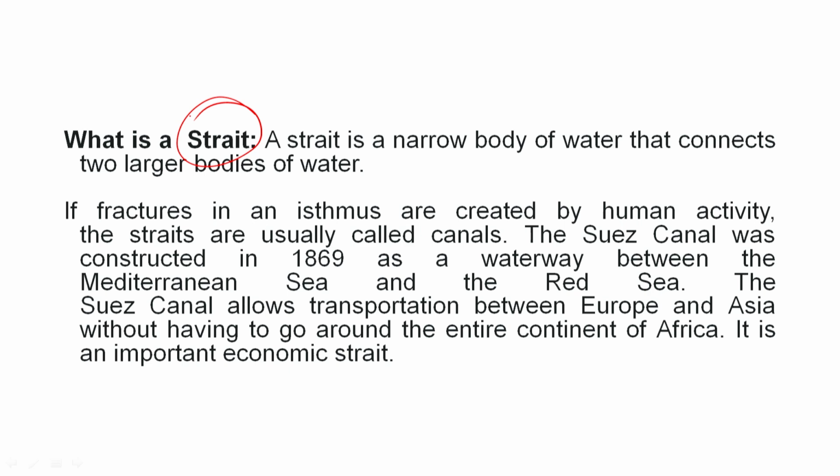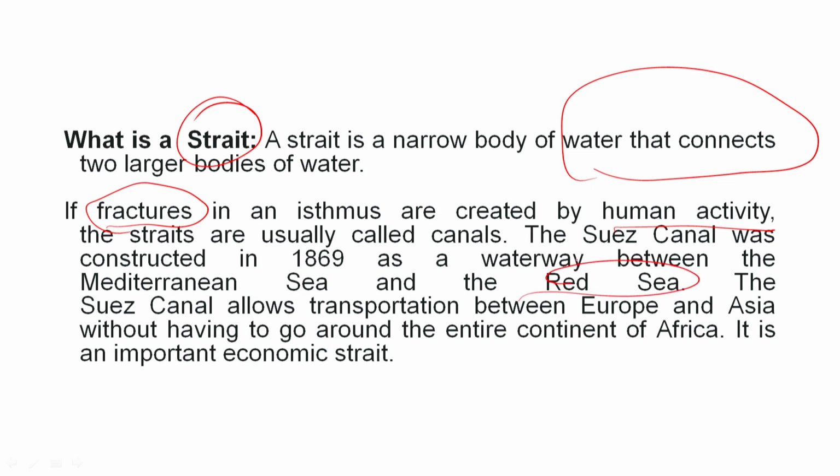So a strait is a narrow body of water that connects two larger bodies, for example the Suez Canal. Where straits are partially man-made, created by human activity, they are usually called canals. The Suez Canal was constructed in 1869 as a waterway between the Mediterranean Sea and the Red Sea.